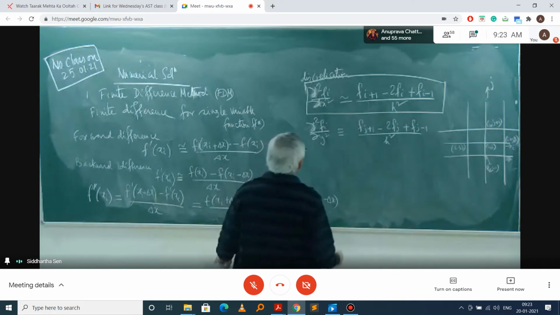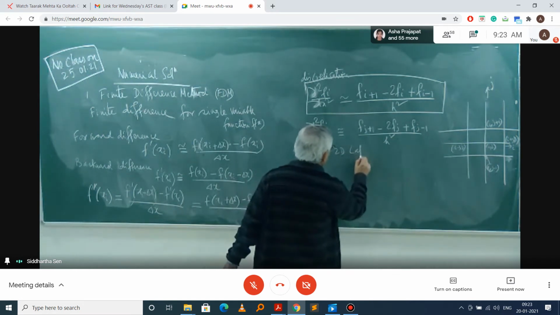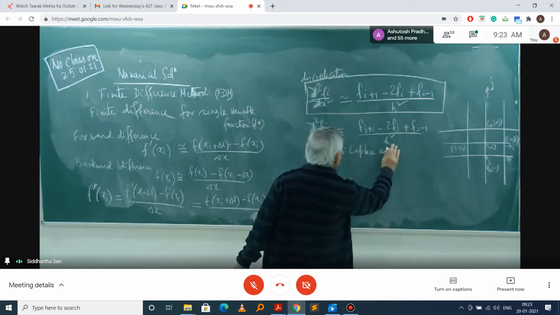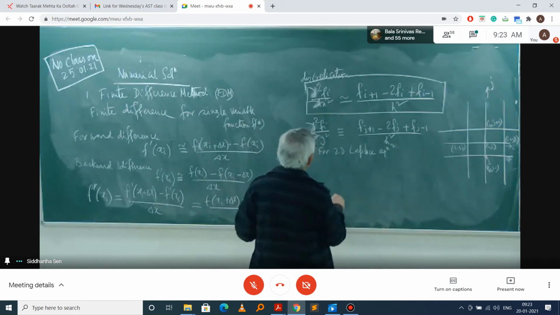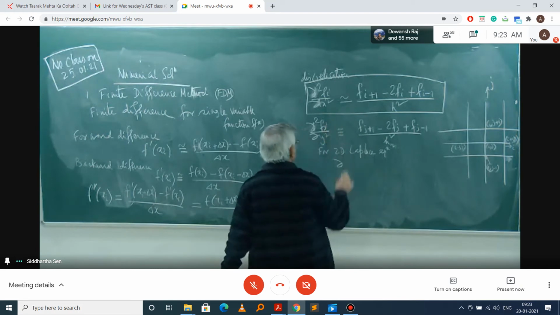So for the 2D Laplace equation, this should be basically f of j there.